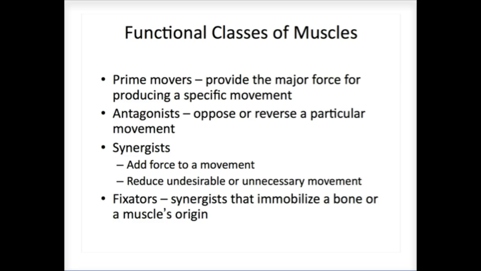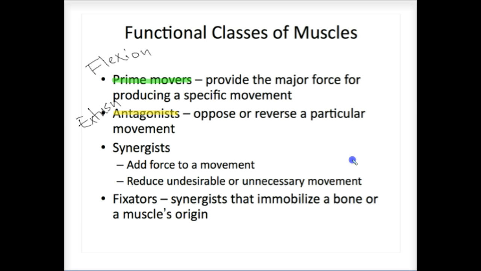This also means that movement is more than just the primary action. So we have different jobs for the muscles. We have what's known as the prime mover. So when I flex at my elbow, the prime mover is obviously the bicep. If I'm talking about flexion, that means the antagonist is going to undo. So if my prime mover is flexing, my antagonist will do extension. Synergists then have a different role.